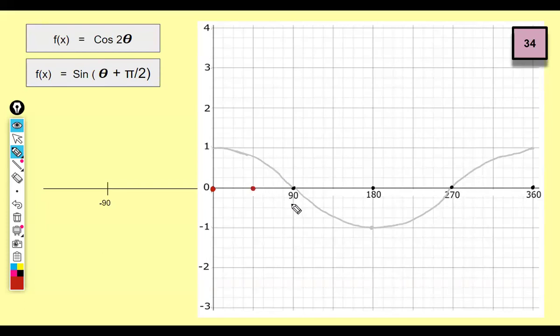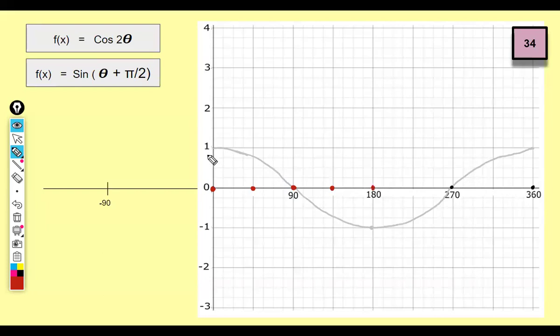The middle. 180 divided by 2 is what? 90. 270 divided by 2 is 135. 135 will be exactly between 90 and 180. And 360 divided by 2 is 180.